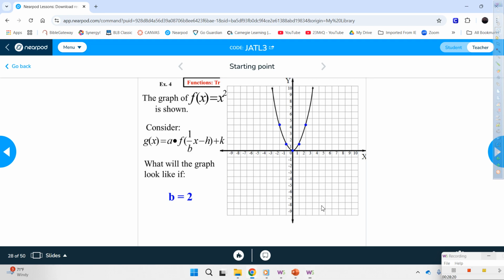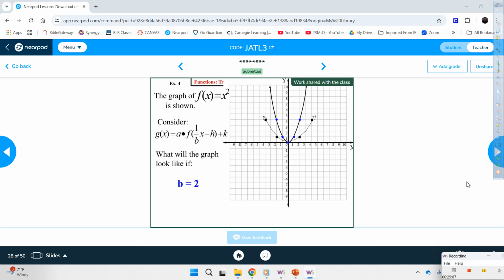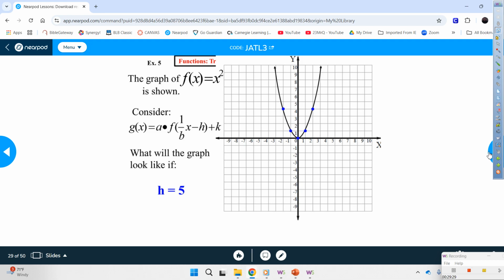Let's see what you get. Even though they added an extra point on top, on the left and the right, notice the points -2, 4, and 2, 4, they go down to -2, 1, and 2, 1. All right, not bad.